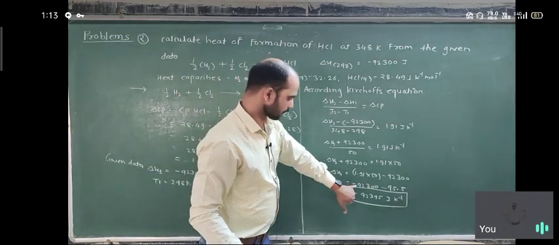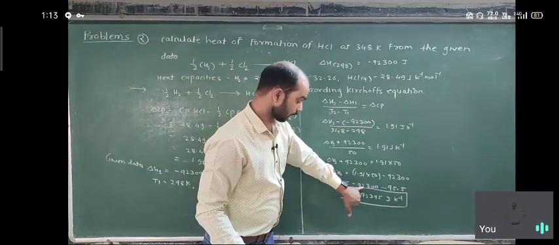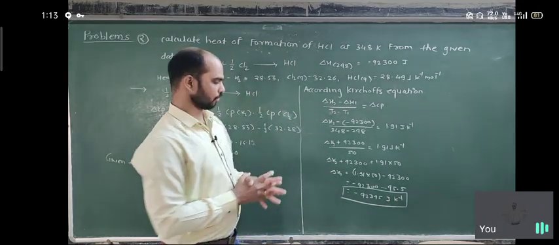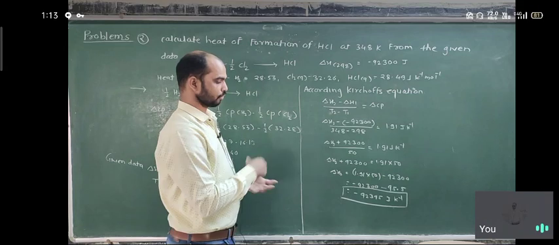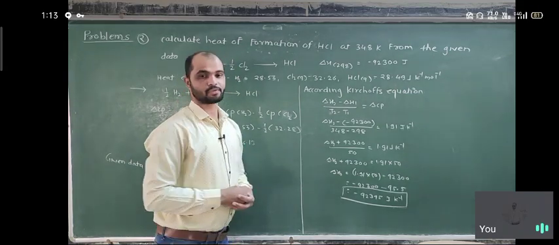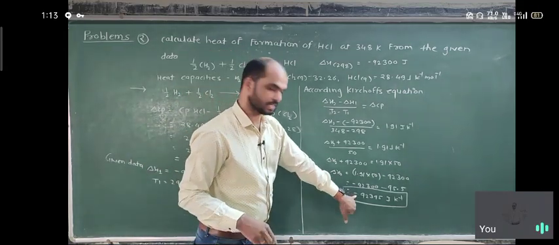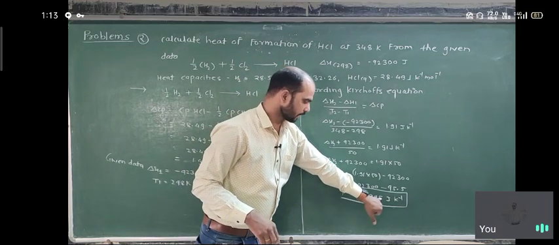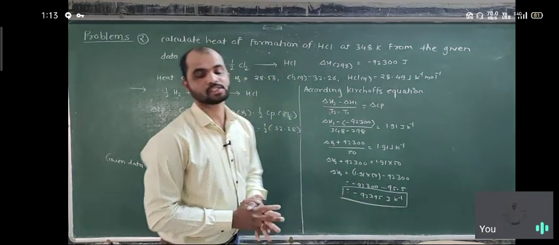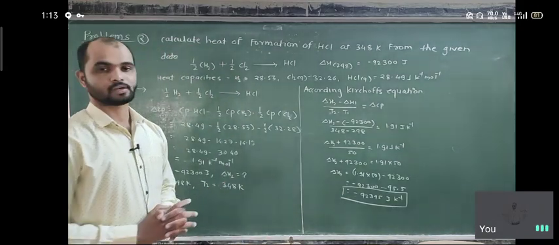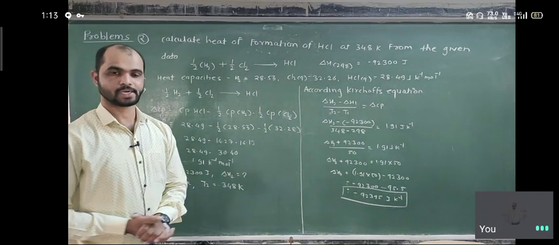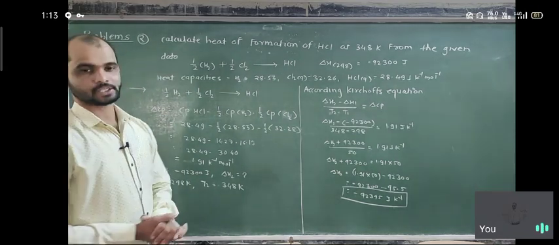So minus 92,300 minus 95.5, minus minus plus, so we add together and give the sign of the higher value, which is minus. So minus 92,395 joule is the answer for the heat of formation. So delta H2 we calculate using Kirchhoff's equation.